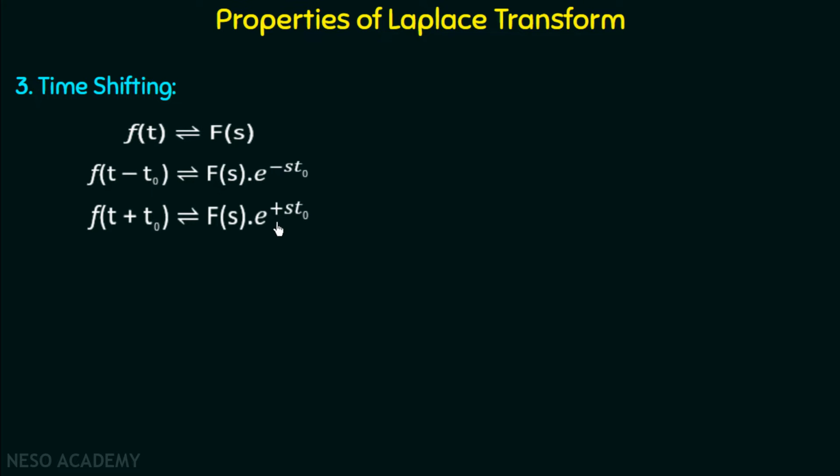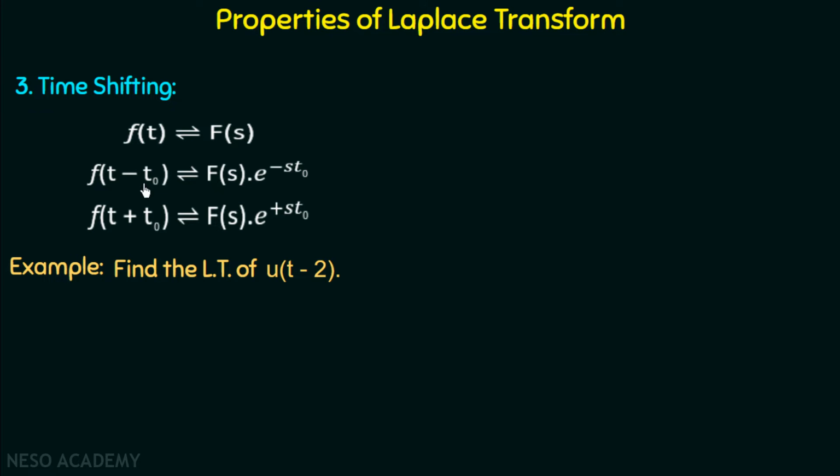So now we are done with the property, and now we will take one example to understand this in a better manner. And the example is: find the Laplace transform of u of t minus 2. Now here we can see that u of t minus 2 is the time shifted version of u of t. And can you answer which type of shift is this, the left shift or the right shift?